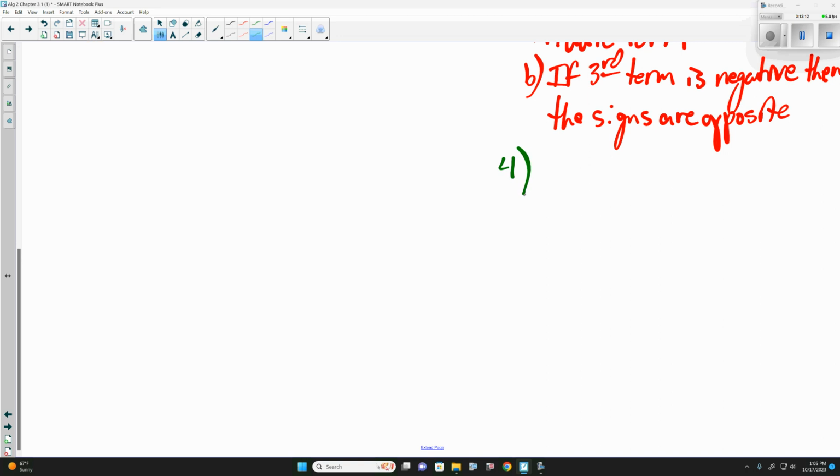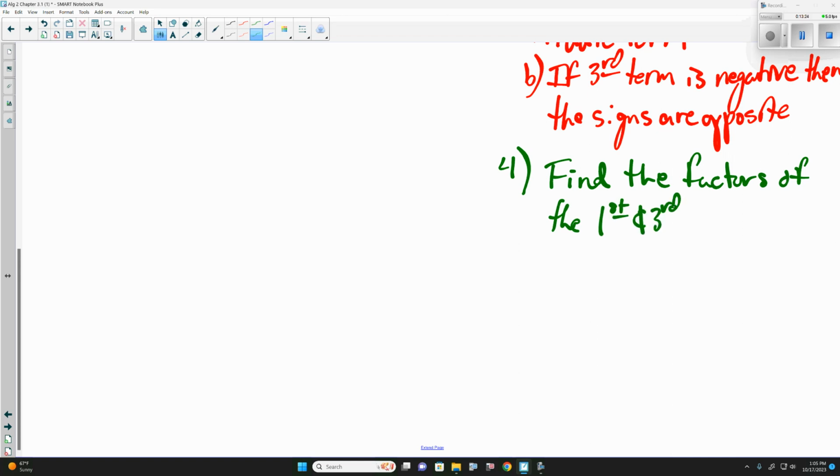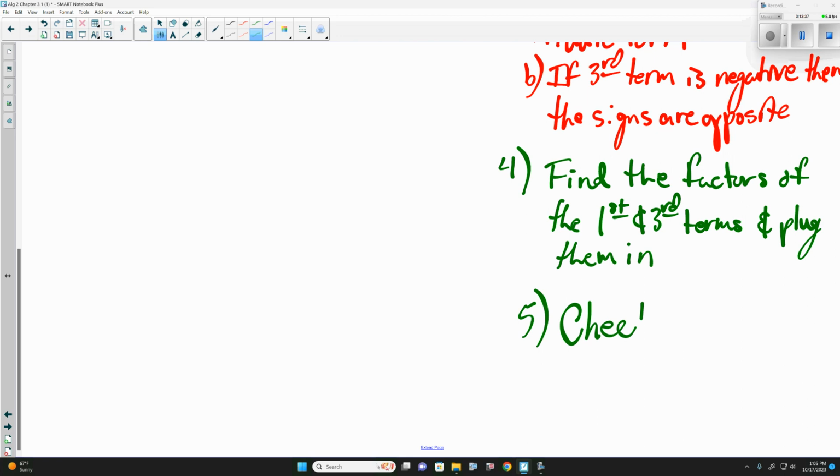Step number 4. Find the factors of the first and third terms and plug them in. And let's go on and put step number 5, which is check.